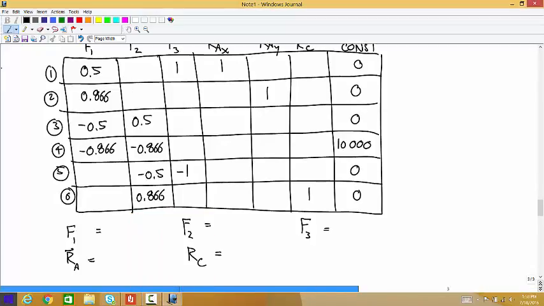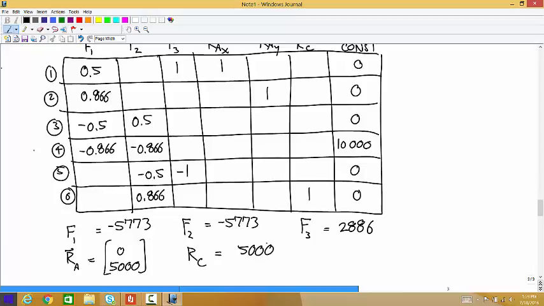Okay. So F1 is minus 5773. Minus 5773. Positive 2886. And then 0, and then 5,000, and then 5,000. Yay! So here's what this says.